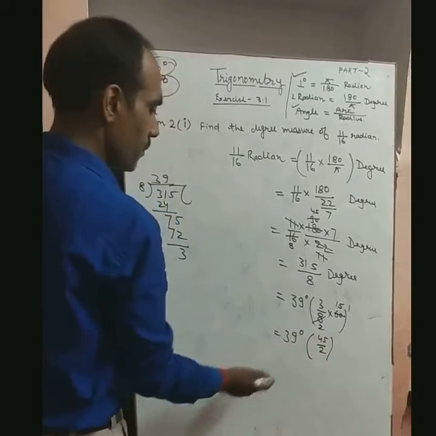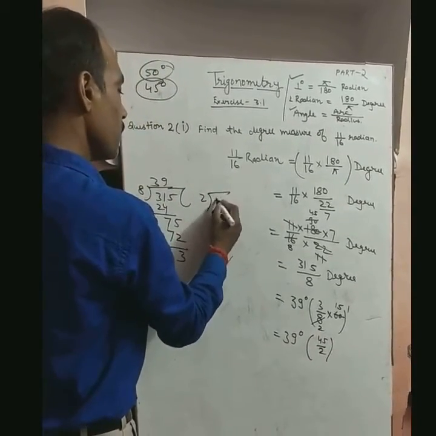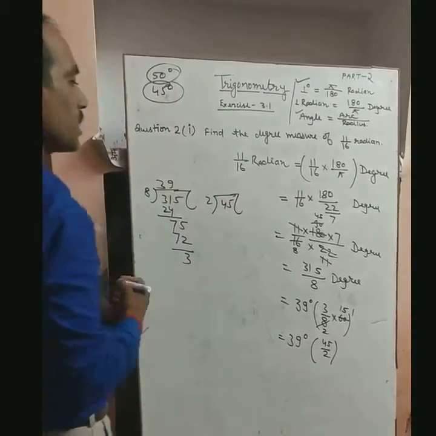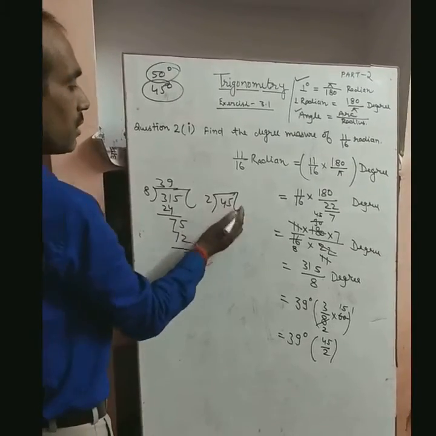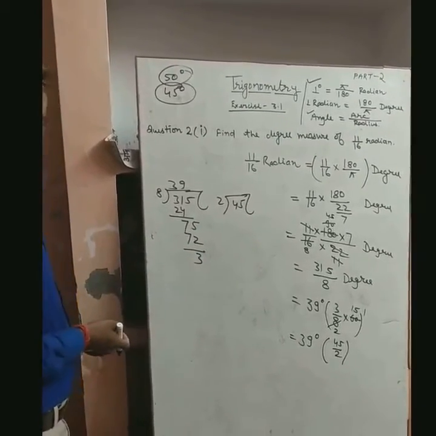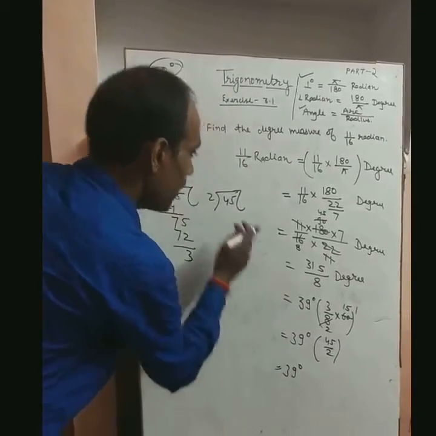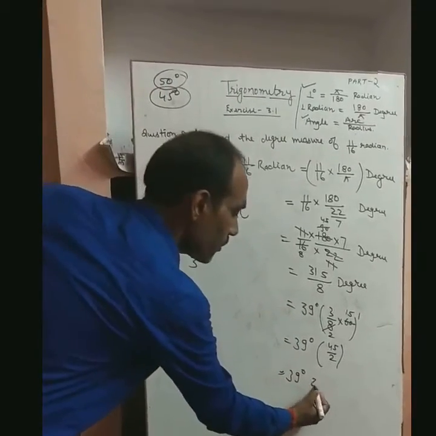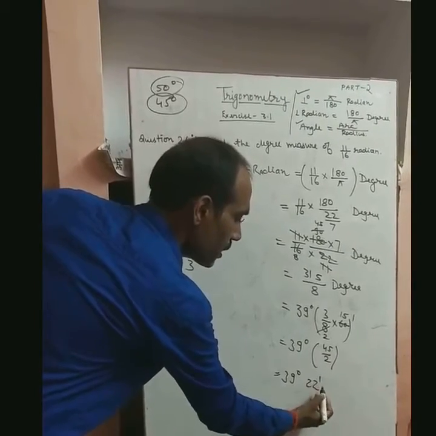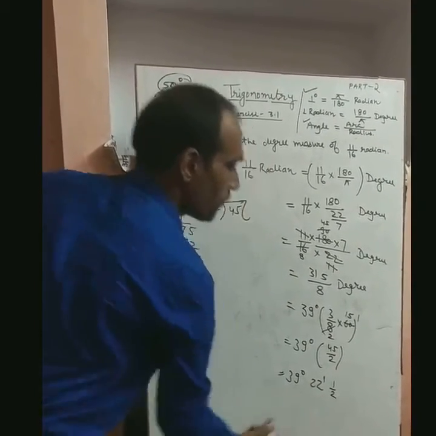Now divide 45 by 2, which means half of 45, so this is equal to 22 and a half. Okay, so 39 degree and 22 and a half means 22 minutes and half a minute.